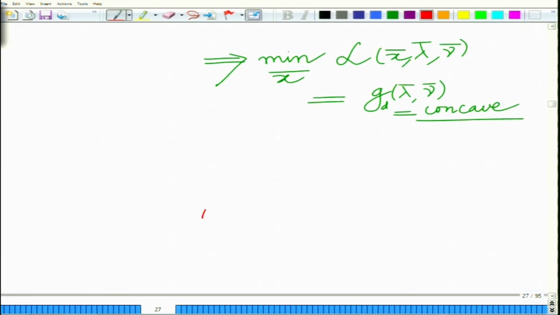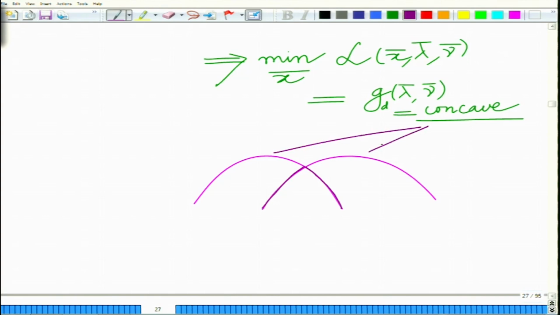That can be seen simply as follows. You take two concave functions and now you take the minimum of them, and the minimum is concave.